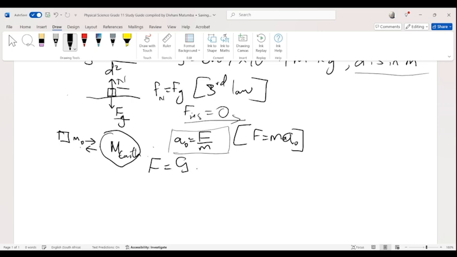F equals G m m0 over d squared. This is the universal gravitational law. So do you agree with me?